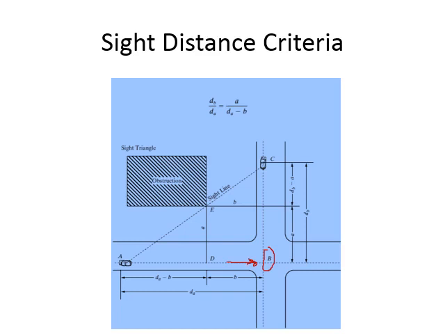But you have to look at the car which is coming from the other direction as well. So this driver at A has to know how far the car at C is. Okay, so how do we ensure this side distance? For this side distance, you can see this dotted line is the line of sight of the driver. So from point A he will see point C if there is no obstruction for him on the side of the route.